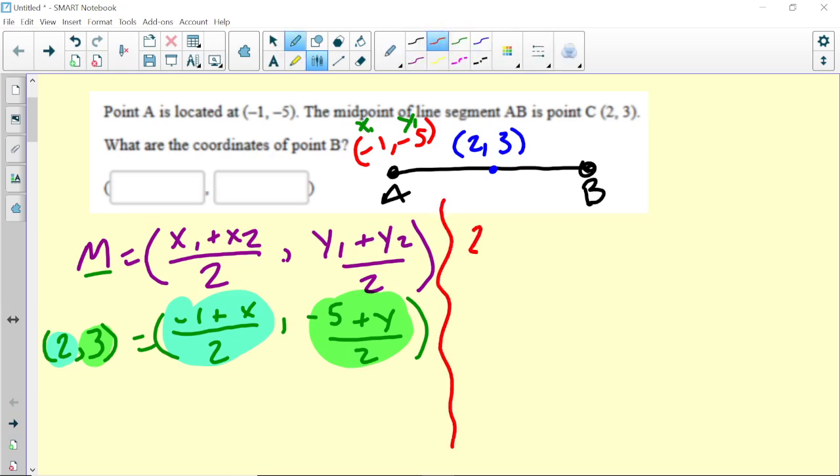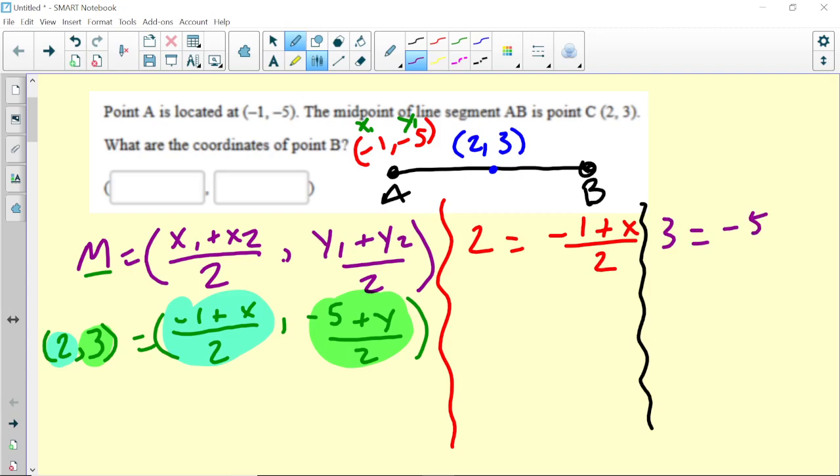So I've got 2 equals -1 plus x all over 2. Now we're going to solve for x. And then for our y's, we've got 3 equals -5 plus y all over 2. Okay.